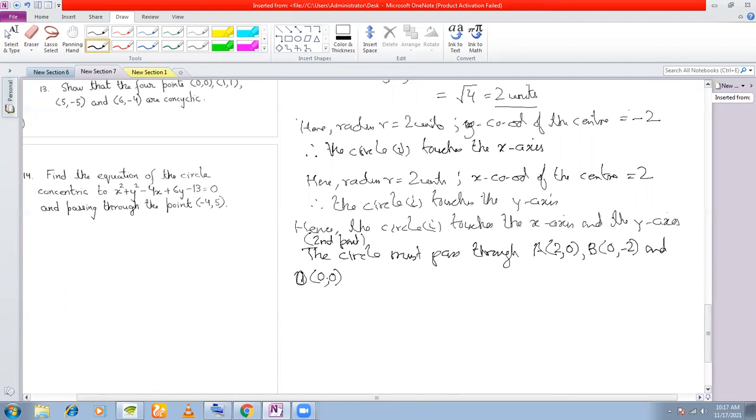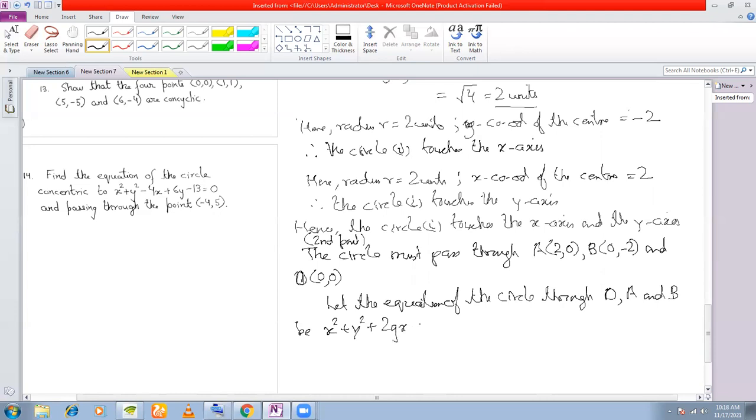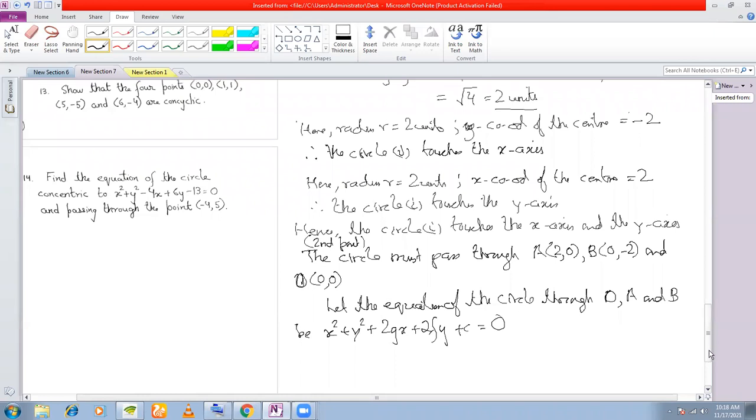So how do you find out the equation of a circle that passes through 3 points? Same way, let the equation of the circle through O, A and B be x square plus y square plus 2gx plus 2fy plus c is equal to 0.